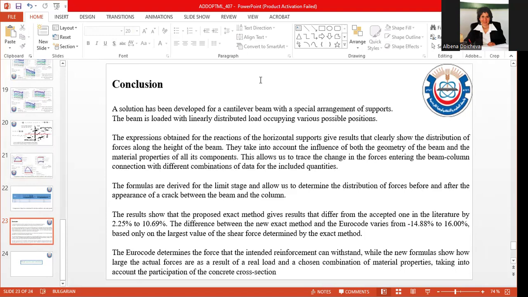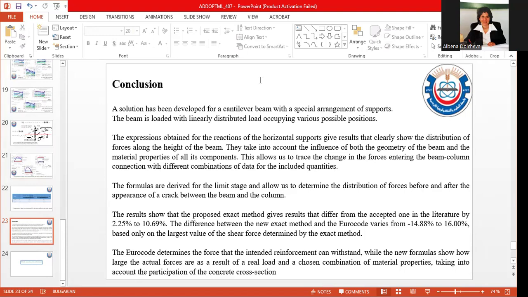This allows us to trace the change in the forces entering the beam-column connection with different combinations of data for the included quantities. The formulas are derived for the limit stage and allow us to determine the distribution of forces before and after the appearance of a crack between the beam and the column.